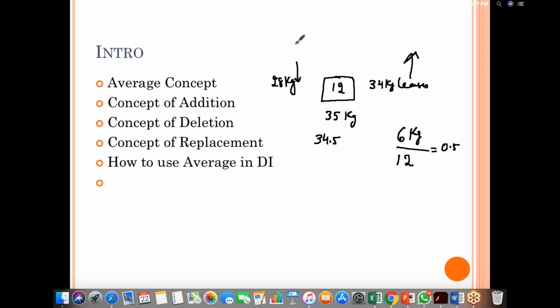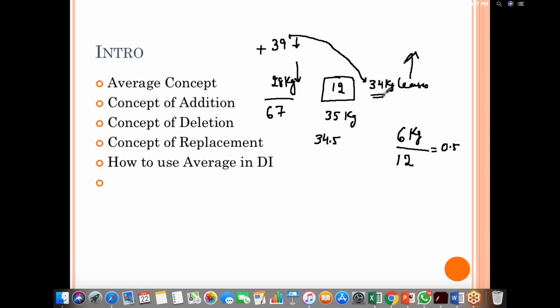Now as somebody asked, if there are two coming in and one leaving, so if let us say one more person with 39 is coming in, right? So what I will take is one as replacement and another one as addition. See, with this replacement, this is 29 and this is 67.